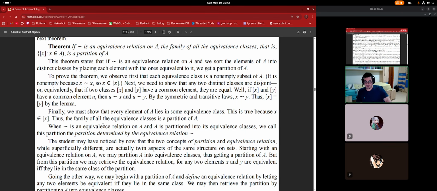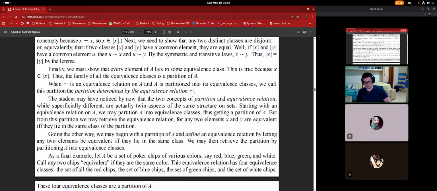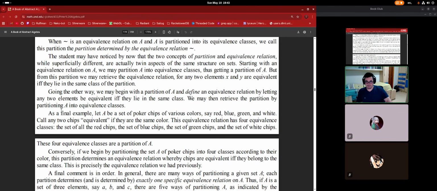When tilde is an equivalence relation on A and A is partitioned into its equivalence classes, we call this partition the partition determined by the equivalence relation tilde. And then it goes into a conversation about how you can come from one concept and lead to the other and vice versa. So you have the concept of a partition and the concept of equivalence relation. And if you pick the correct pieces throughout the construction of each concept, you end up with the other concept, which is fairly obvious, right?